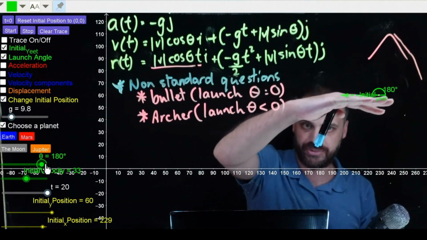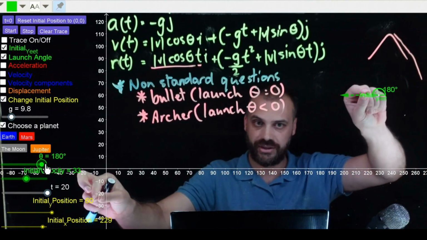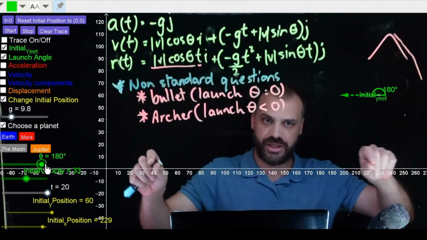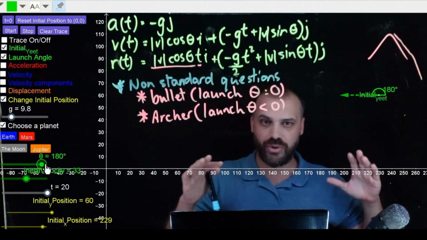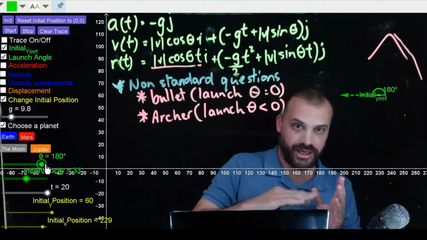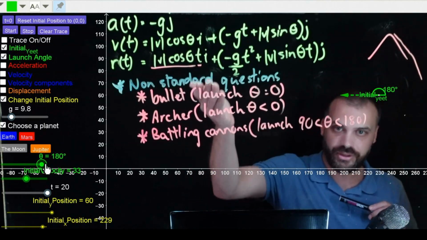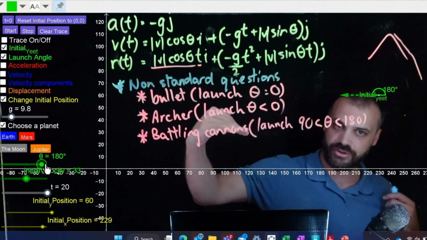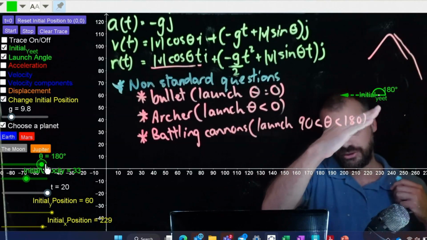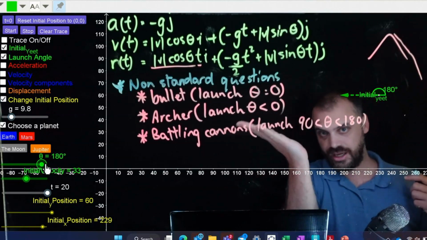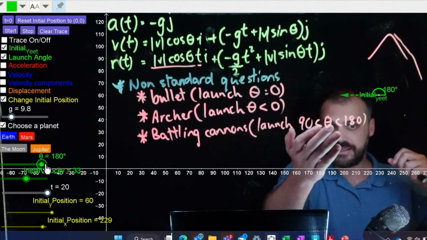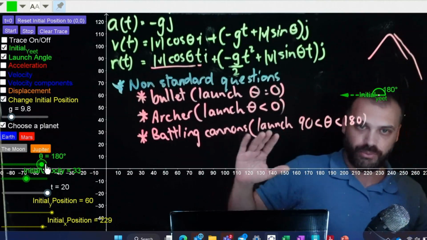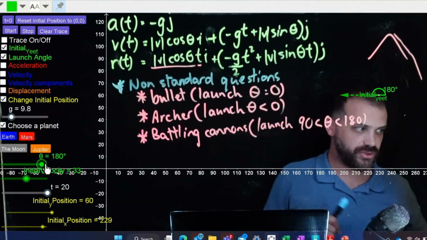I haven't even created my app to do it, but could I imagine something like that? Ooh, yes, I can. But my third option here is we're launching somewhere between 90 and 180 degrees. So they are my 3 non-standard questions. Launch angle of 0, launch angle less than 0, and a launch angle between 90 and 180. I guess maybe we can amend that to a launch angle between 90 and 270, but we're really starting to mix up our non-standard questions there.